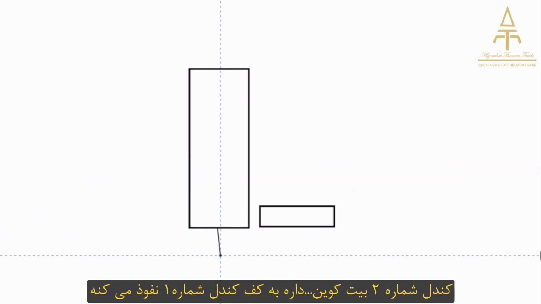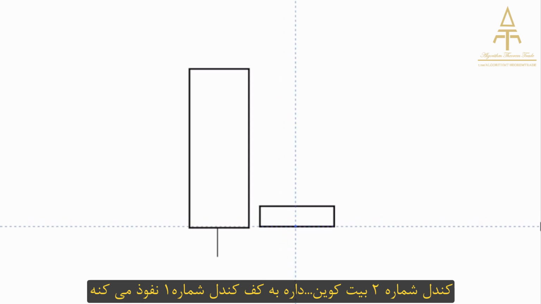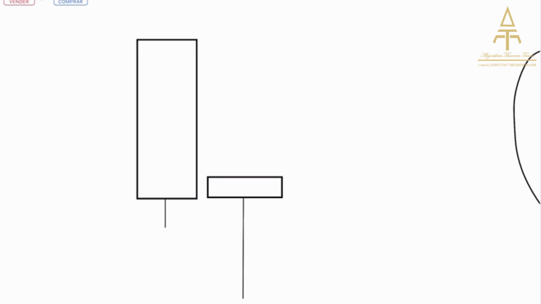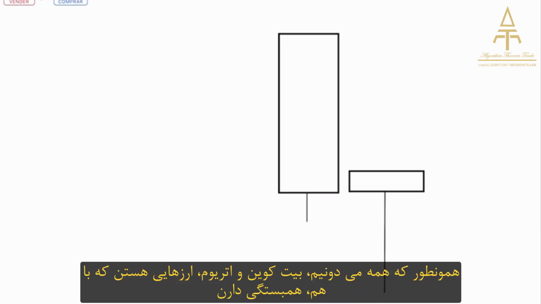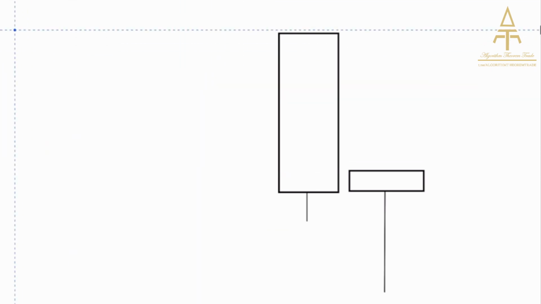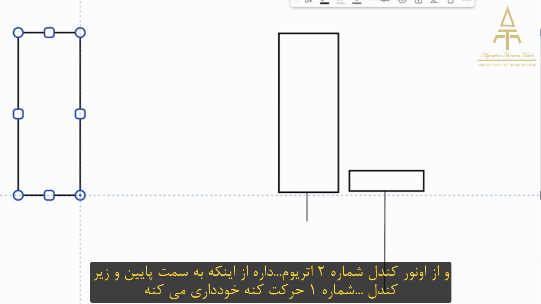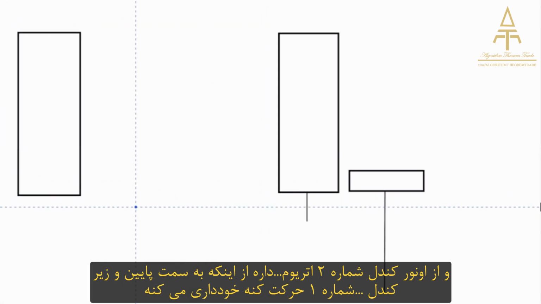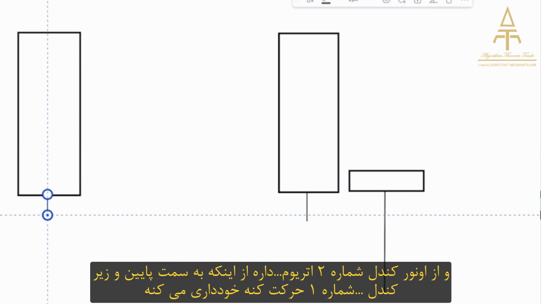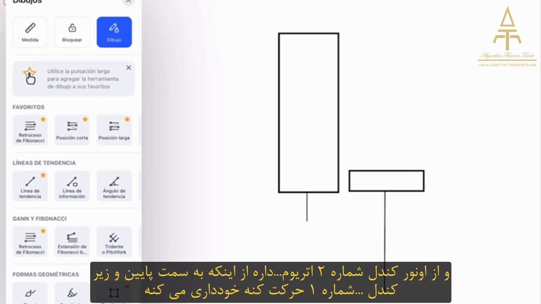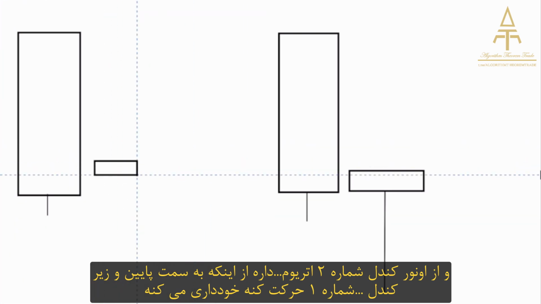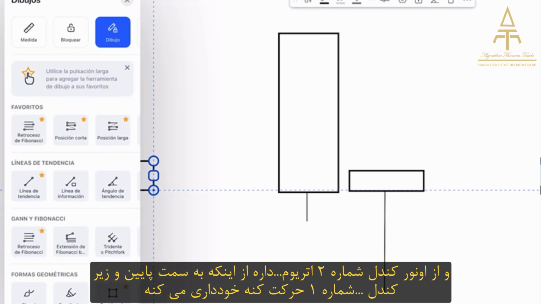Bitcoin candle 2 is stabbing into the low of candle 1, right? As we know, Bitcoin and Ethereum are correlated assets, right? And Ethereum, on the other hand, candle number 2 is refusing to push it below the low of candle number 1.